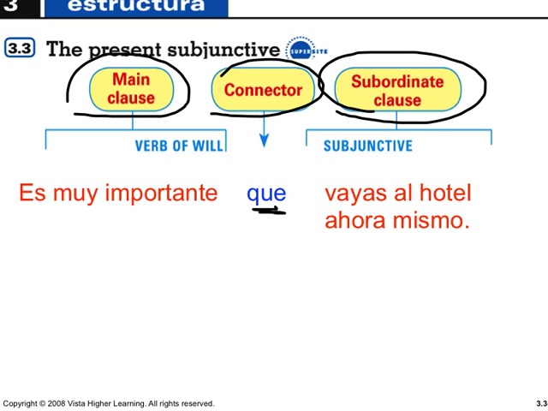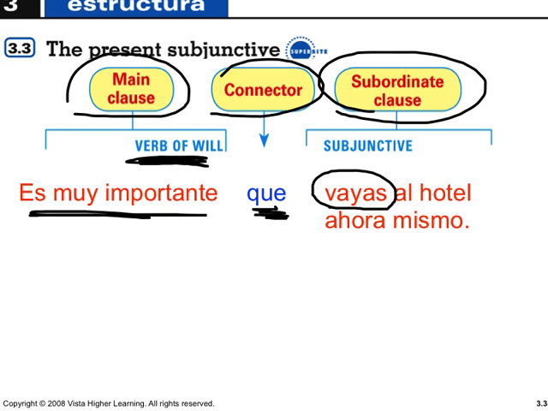So the main clause in our use number one is a verb of will. Es muy importante que vayas al hotel ahora mismo. Here's our subjunctive right here, vayas. So it's very important that you go to the hotel right now.